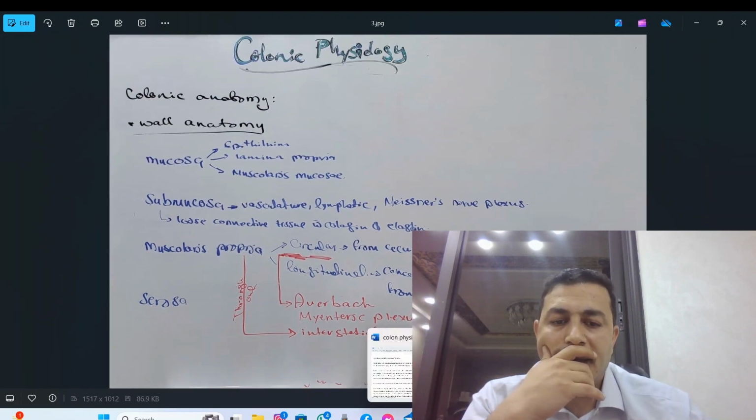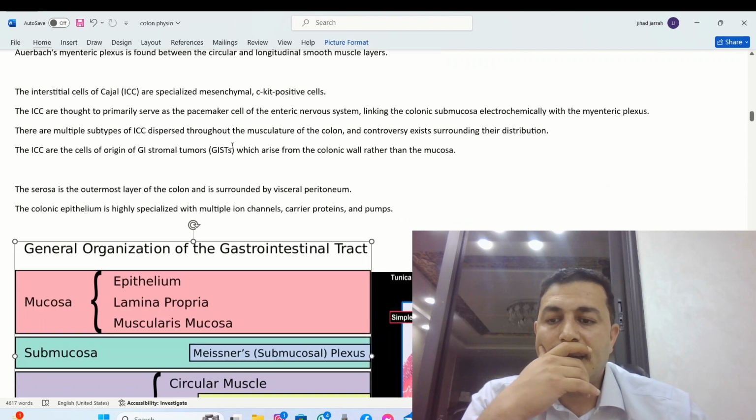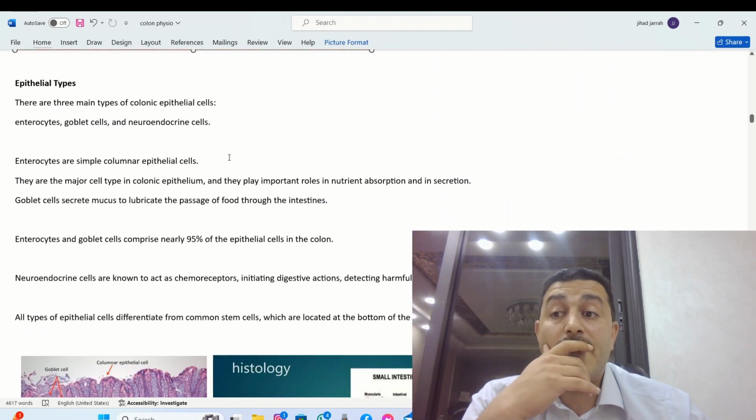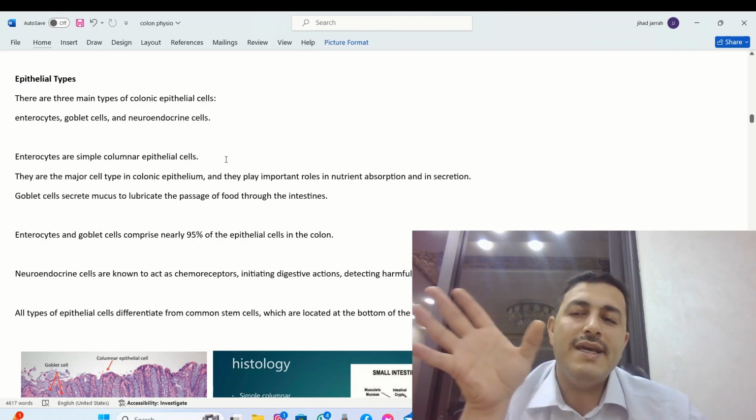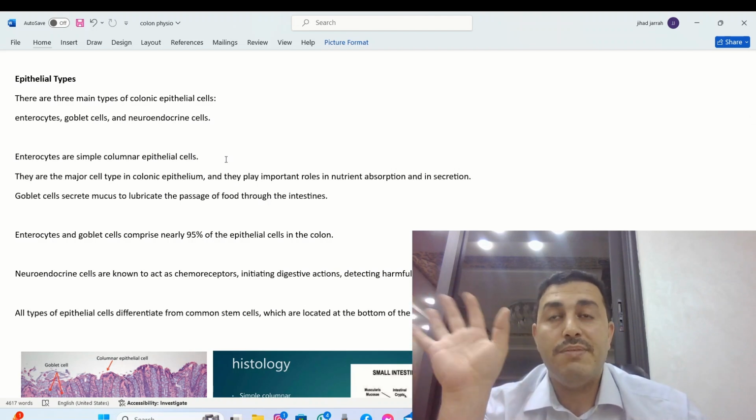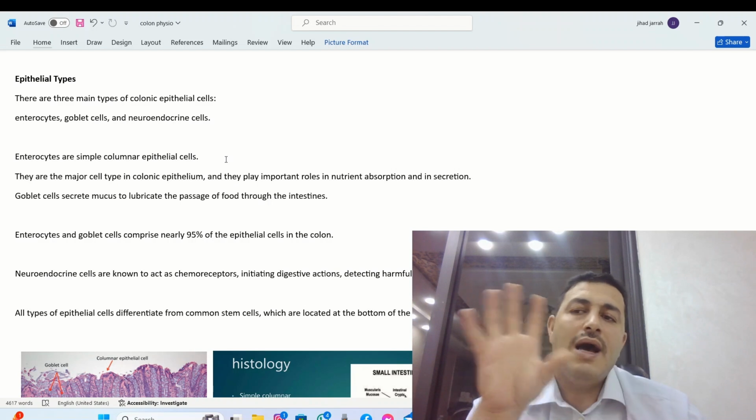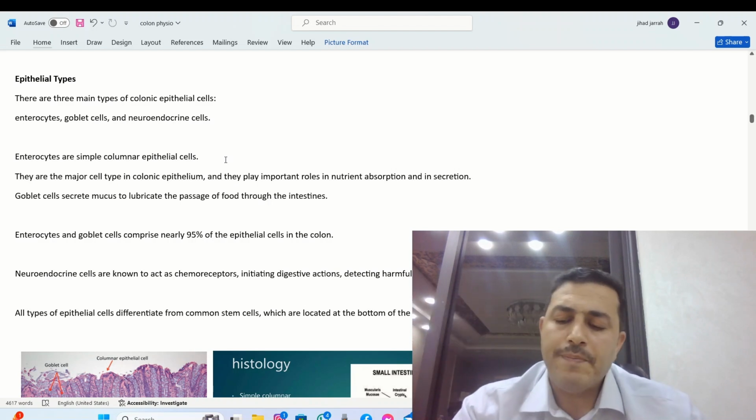Okay, let's move a little bit down and talk about the epithelial cell, how it differs from other epithelial cells in the GI, and how it correlates with the function of the colon.